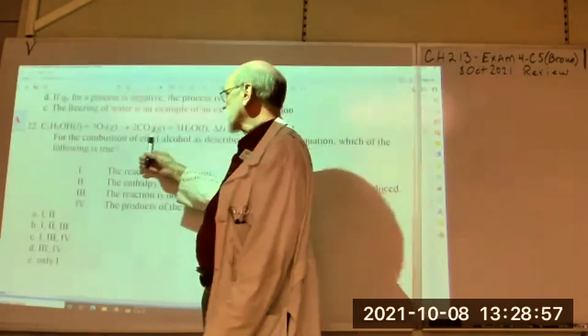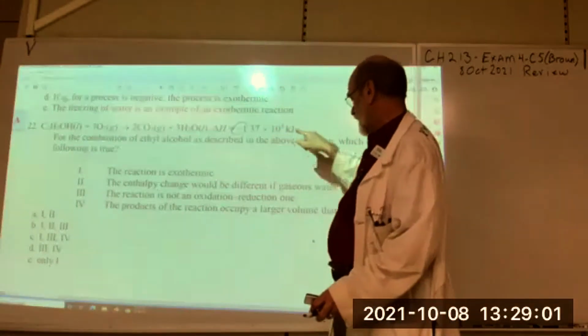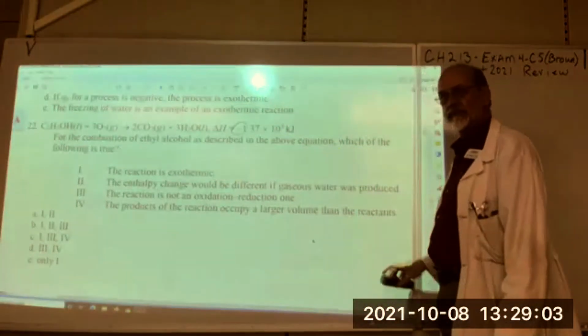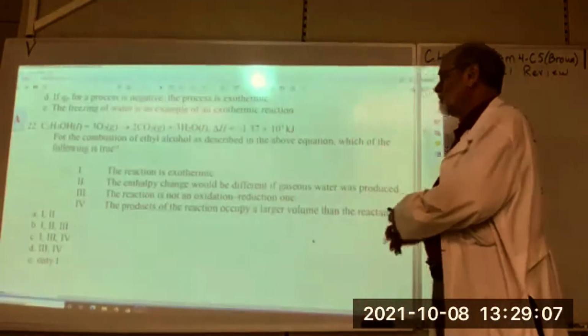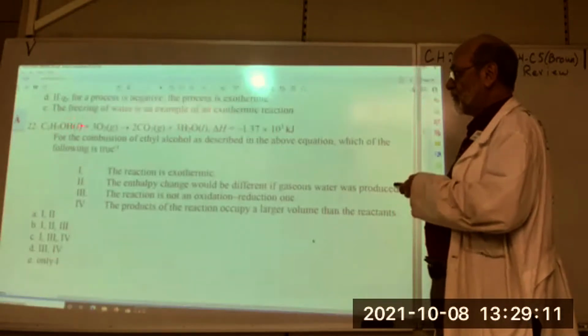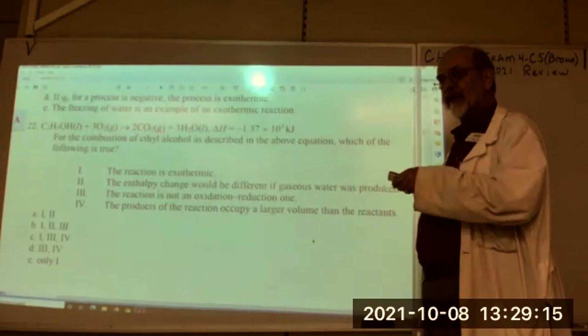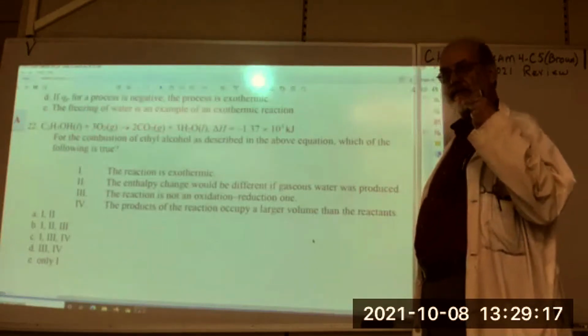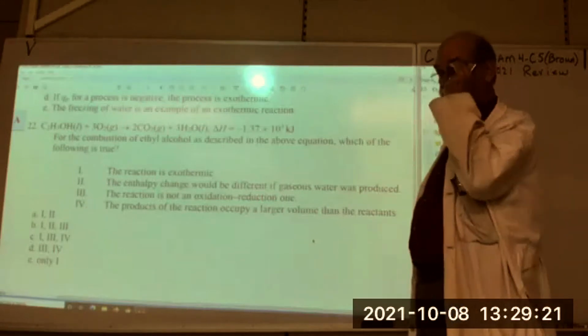These phases are extremely important in correlating them with a particular enthalpy. Usually what's done is the phase of the reactants and products is the phase that it would be at standard temperature and pressure.